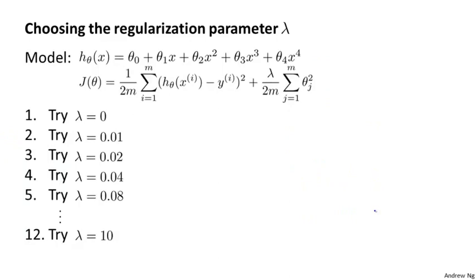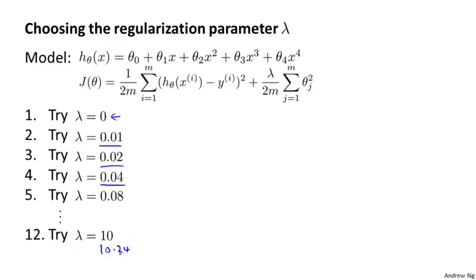What I usually do is maybe have some range of values of lambda I want to try out. So I might be considering not using regularization, or here are a few values I might try. I might be considering lambda equals 0.01, 0.02, 0.04, and so on. And I usually step these up in multiples of 2 until some maybe larger value. If I were doing this in multiples of 2, I actually end up with 10.24 instead of 10 exactly.